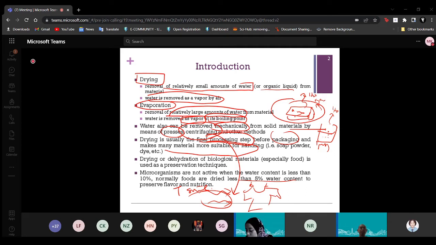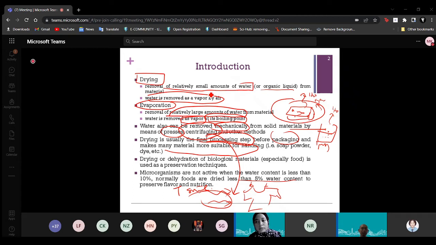So mass is reduced. Like when sending a parcel, it depends on the mass. If your mass is more, you are charged more. If your mass is less, you are charged less. It's the same thing. You reduce the mass, you pay less for transportation, for example.